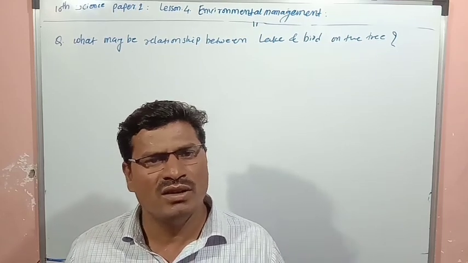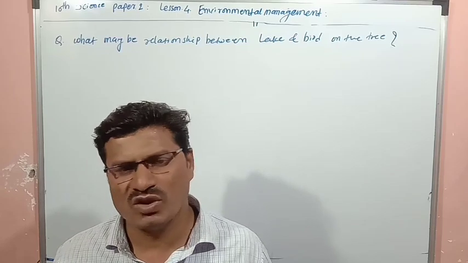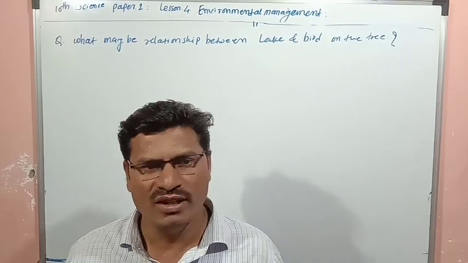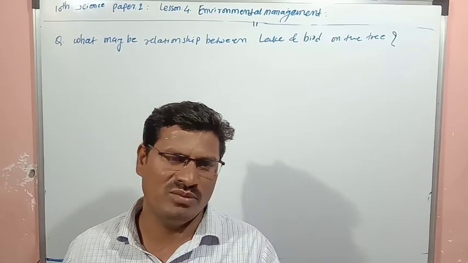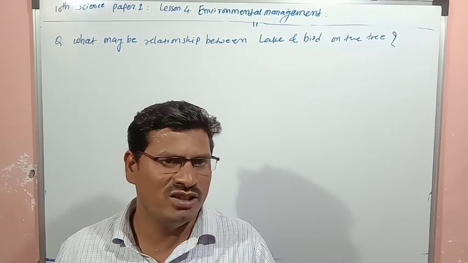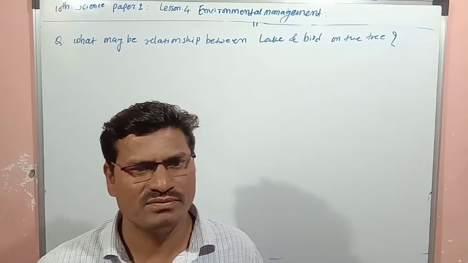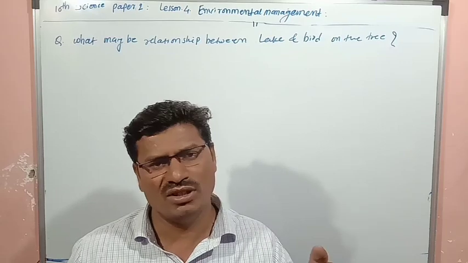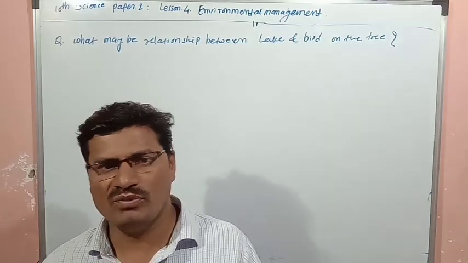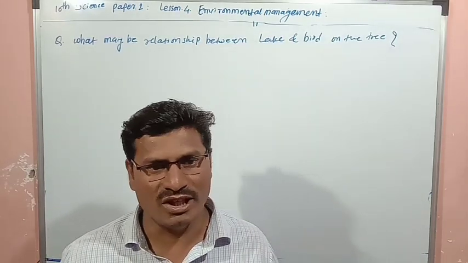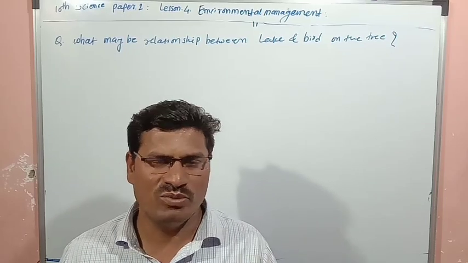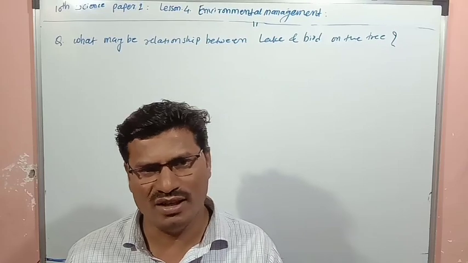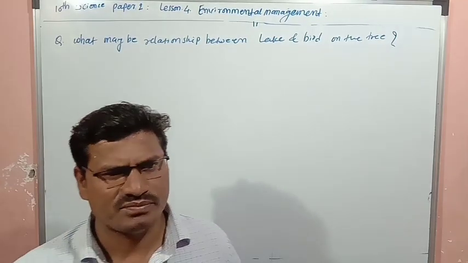Second, the bird is consuming worms and small insects present on that tree. So the bird is part of both ecosystems: the smallest ecosystem of the pond, and the ecosystem of the tree.